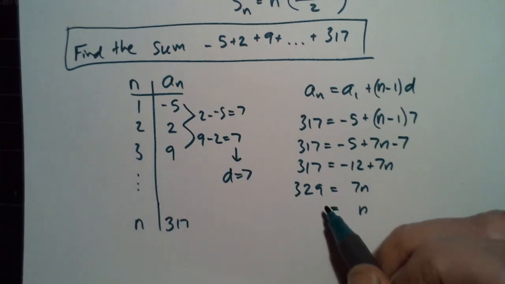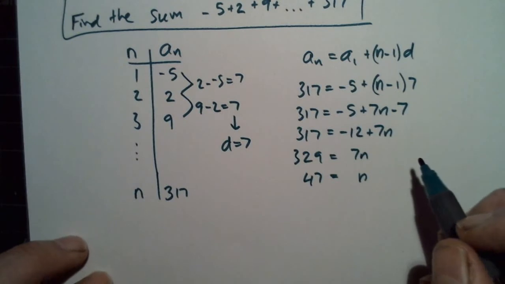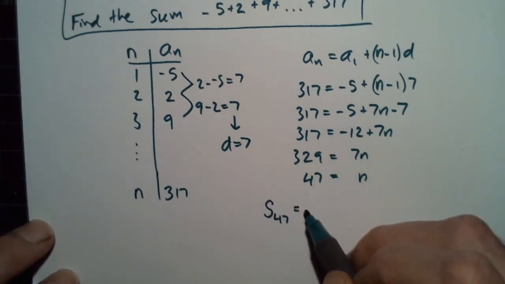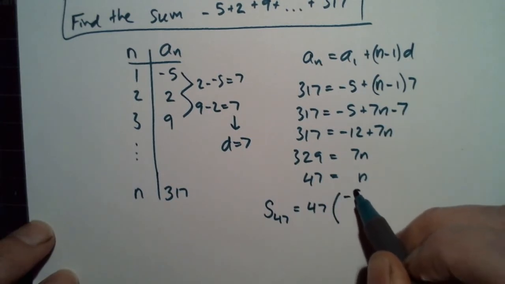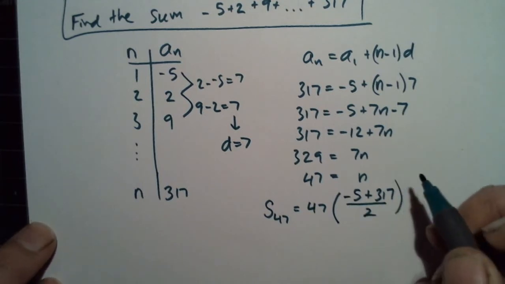Divide by 7. N is 47, and then we can find this sum of 47 terms. First term plus the last term divided by 2.